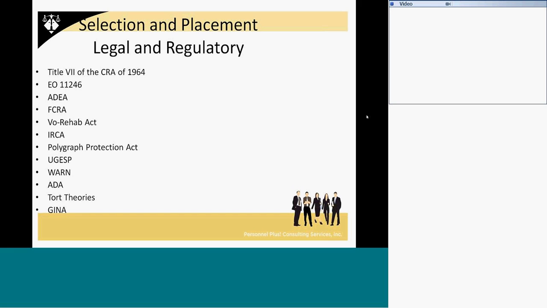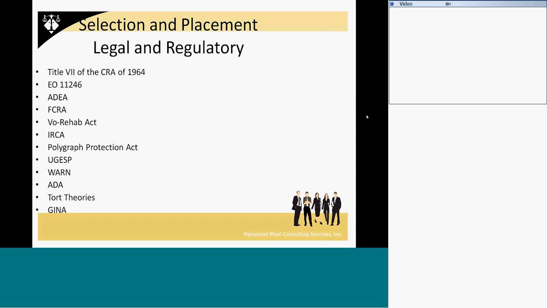UGESP stands for Uniform Guidelines on Employee Selection Procedures. They're applicable to federal contractors, and they're also applicable to any employer covered by Title VII of the Civil Rights Act, which basically means employers with 15 or more employees.